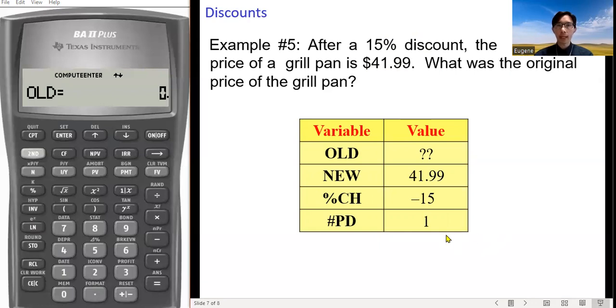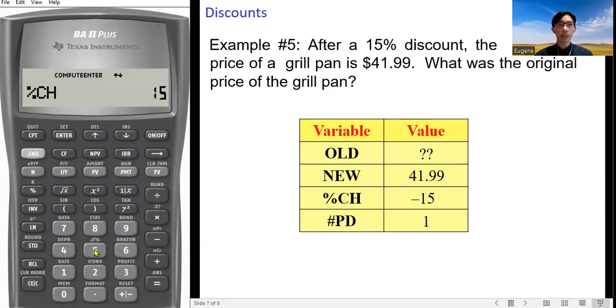Enter the variables into the calculator. The variable old, we need to compute it, so we skip that. The variable new, 41.99, enter. The variable percent CH, negative 15. So to key in a negative number, we first key in the original number first, which is 15.